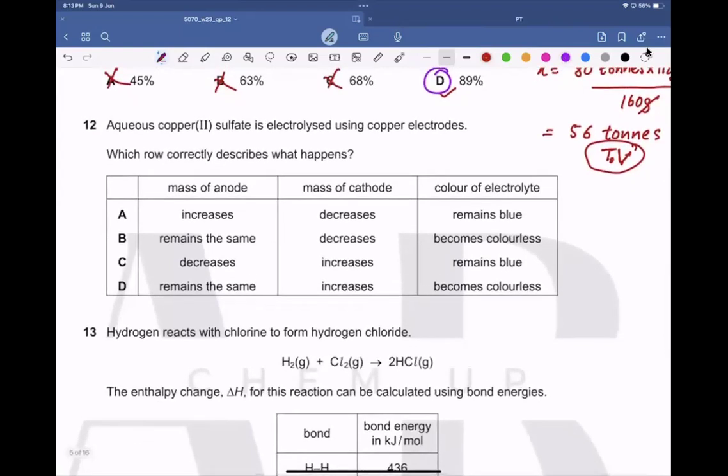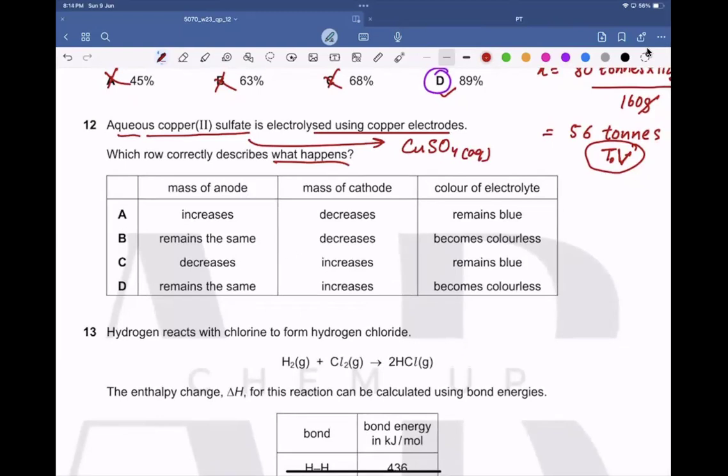Now question number 12. Aqueous copper(II) sulfate is electrolyzed using copper electrodes. Okay, it's aqueous. Which row correctly describes what happens? Mass of anode. If copper electrodes are being used, then at the anode oxidation occurs, and as a result the copper anode starts to dissolve.